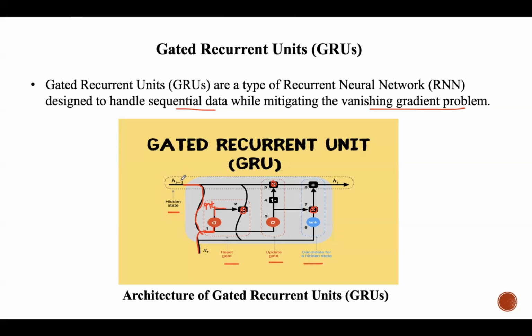Then coming to the equation, you can see the multiplication symbol here. You can use either of the two symbols for element-wise multiplication, either this one or the cross mark. Anything is okay.